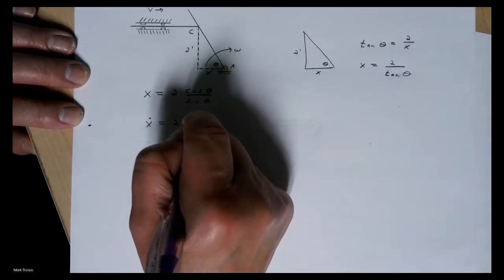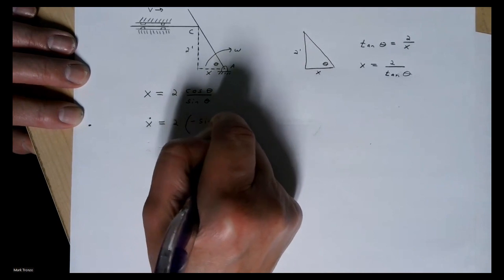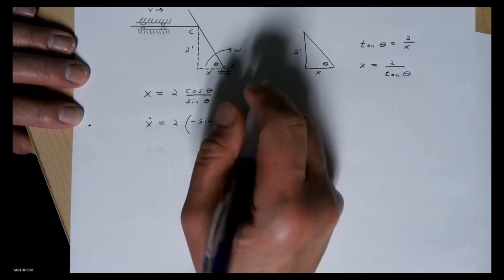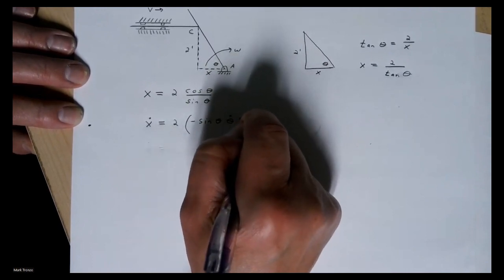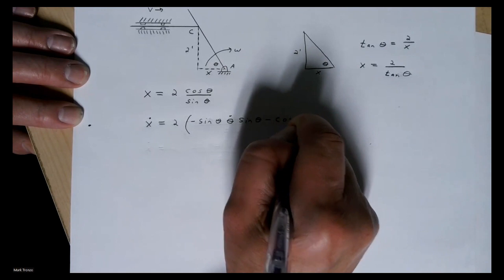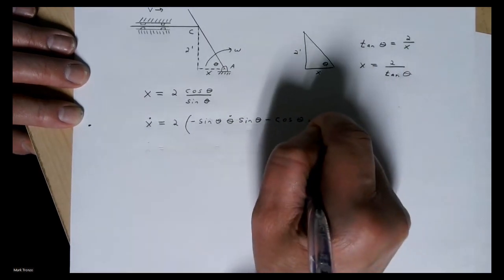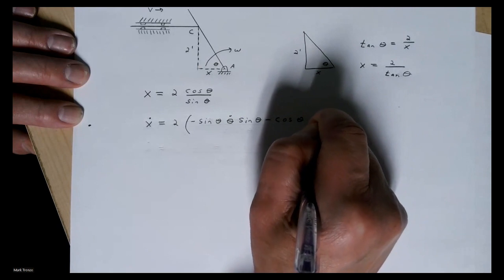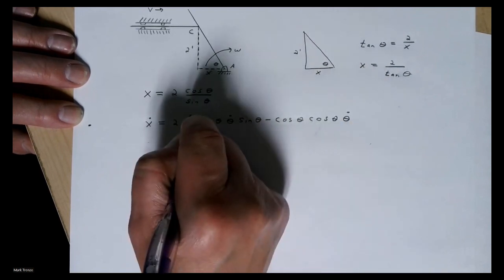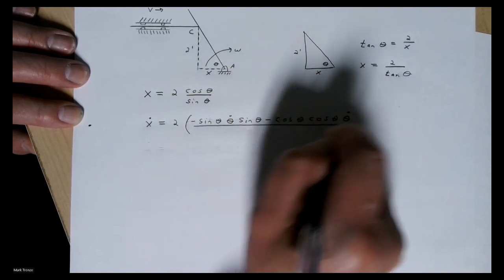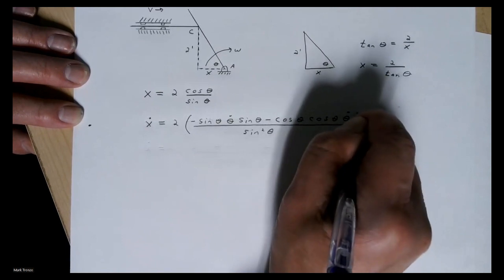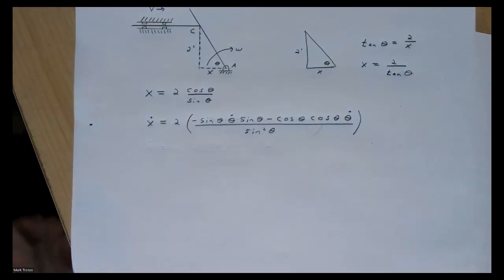So the derivative of the numerator will be negative sine theta times theta dot, because we're taking the derivative of that, times the denominator, minus the numerator times the derivative of the denominator, which will be cos theta theta dot, over sine squared theta.